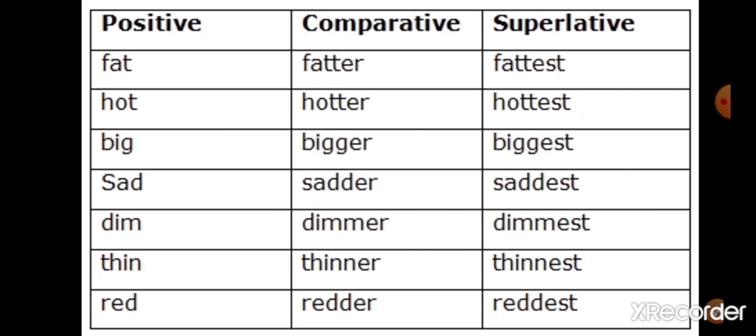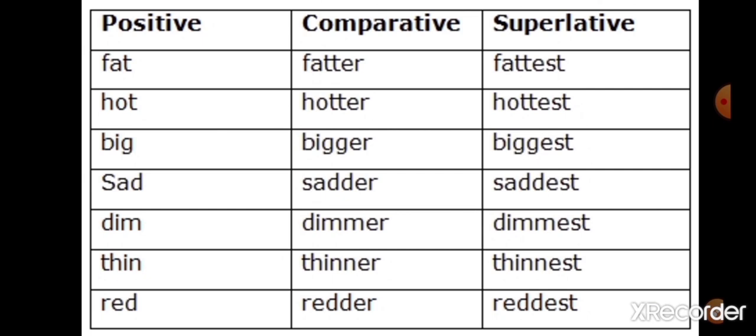In the second, comparison, we compare two persons or objects and add er to the positive degree and it becomes comparative degree. Third, superlative degree. When we compare more than two persons or things and we add est to the positive degree, it becomes superlative degree.